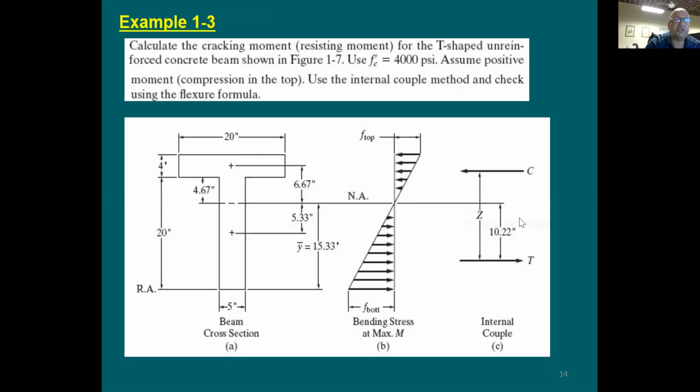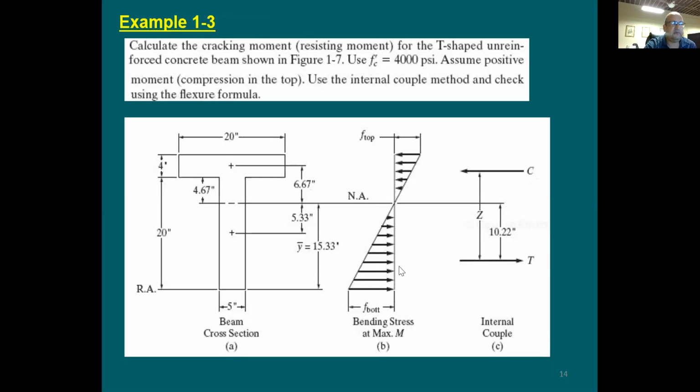My problem here is trying to find out the compression force C. Just say, well, C is going to be equal to T. I understand that. The question is, what is the location of this force from here? I understand T is going to be simple.